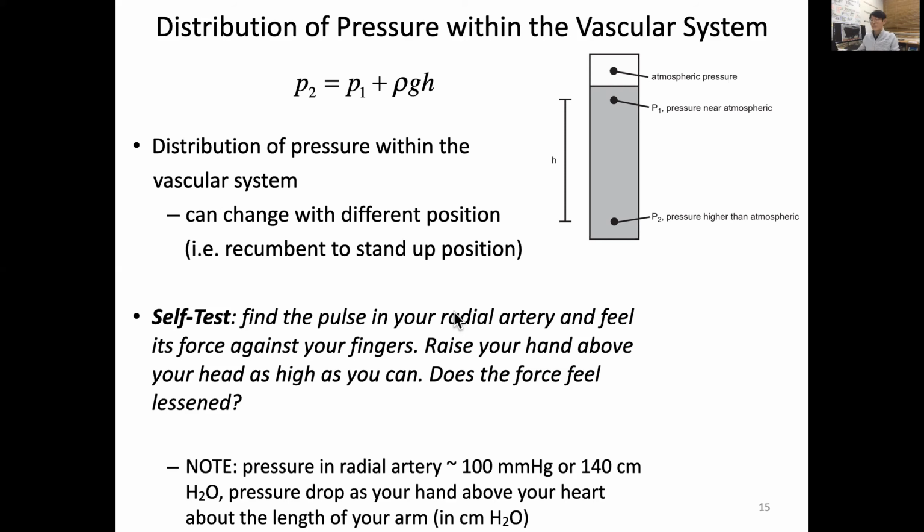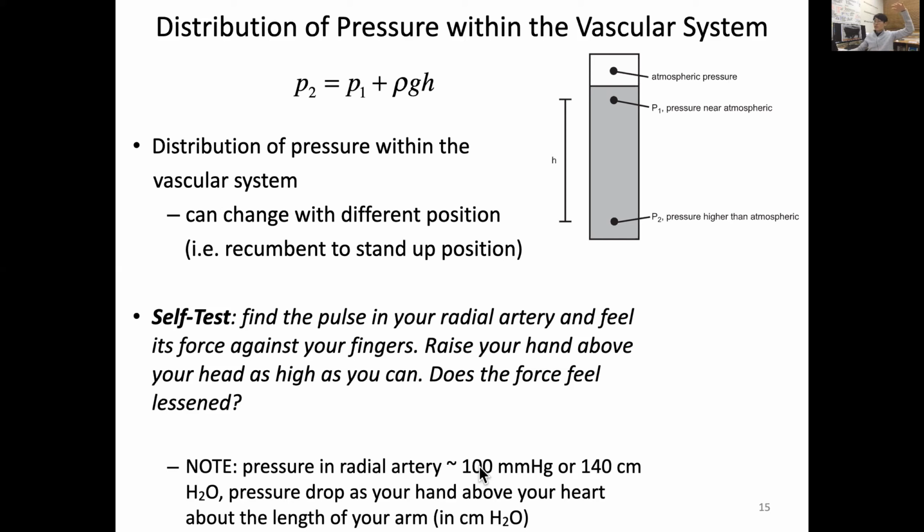You can calculate it. You remember the previous radial artery pressure is about 100 mmHg. Let's say the displacement from here to here is up to 1 meter.